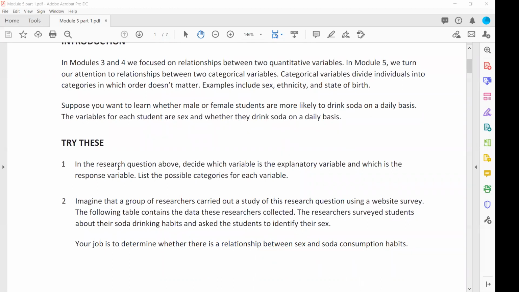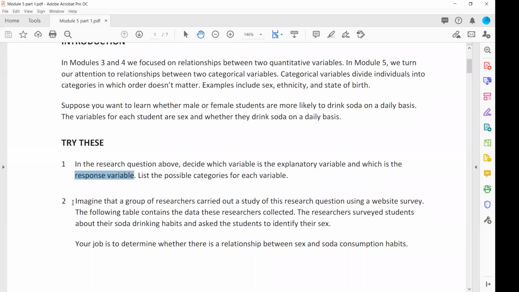In the research question above, decide which variable is the explanatory variable and which one is the response variable. So we're looking for the explanatory, or independent, variable and the response, or dependent, variable. List the possible categories for each variable.